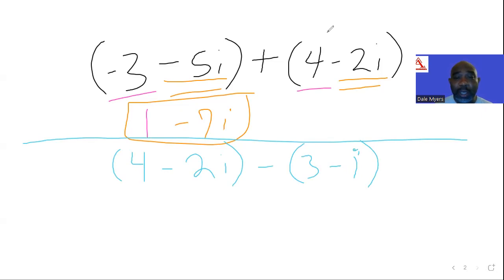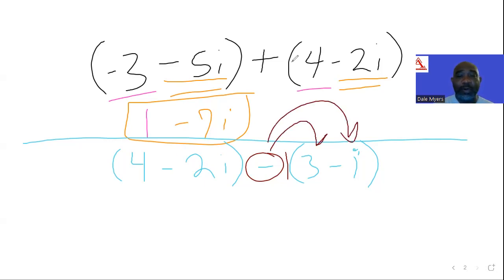The only trick is this negative symbol. We have to remember this is the same as negative 1 here. Let's distribute this negative 1 to everything inside the parentheses. So this becomes negative 1 times 3 is negative 3. Negative 1 times negative i. Well, negative times negative is positive, and then 1 times i is i. Again, the only trick is when you are subtracting, make sure you distribute your negative symbol, or your negative 1 in front.